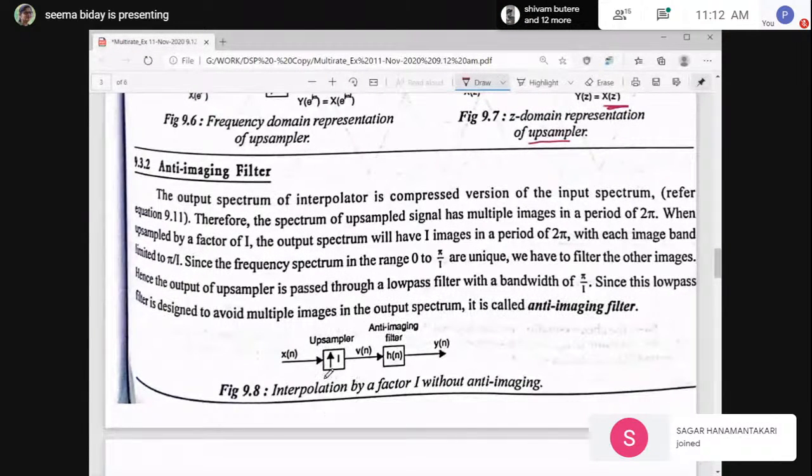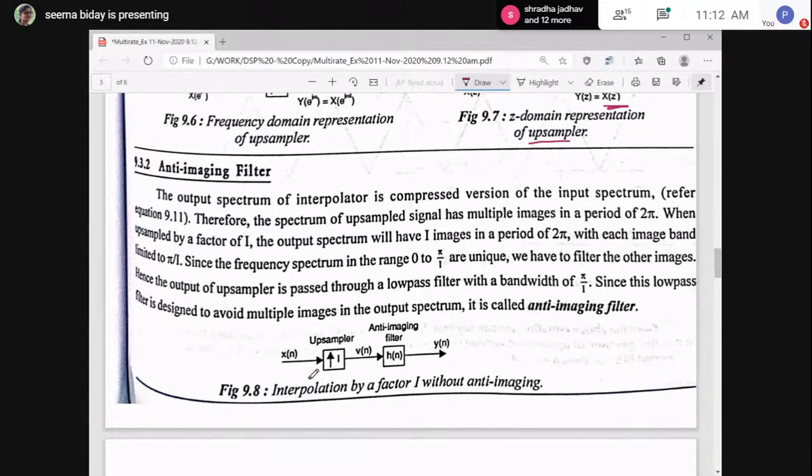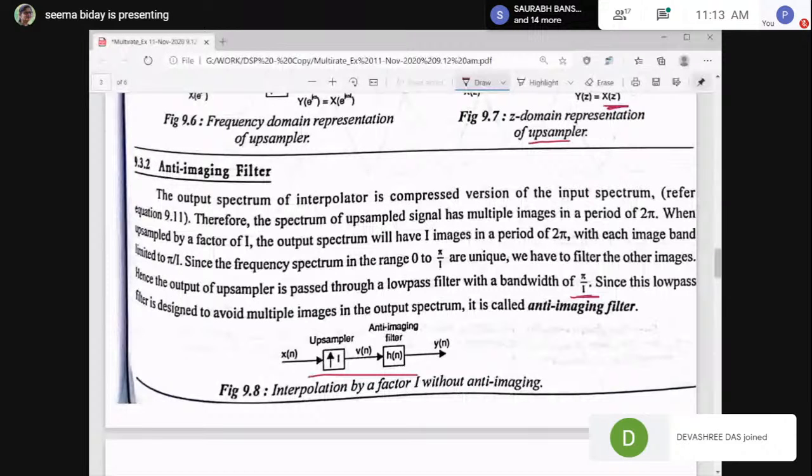That's why it is necessary to use the anti-imaging filter H(n), which is a low pass filter with a bandwidth of pi by I. In the interpolator or in the decimator, it is always required to use a low pass filter.